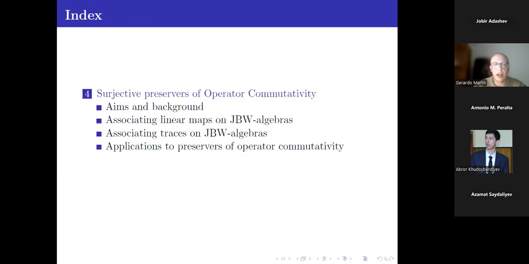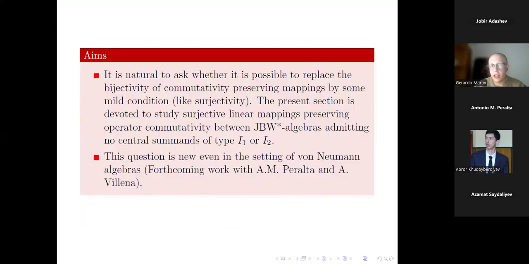And now, the next section is in order to study surjective preservers of operator commutativity. Why? Because it is natural to ask whether it is possible to replace the bijectivity of commutativity preserving mappings by some mild conditions, like surjectivity.